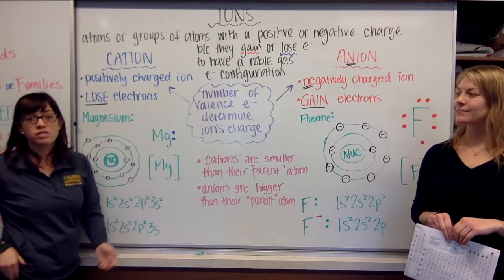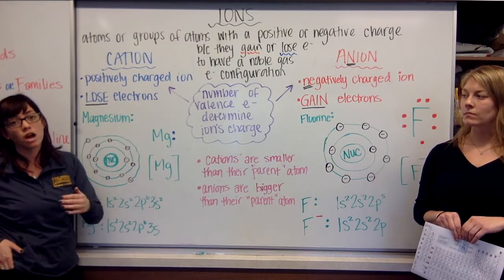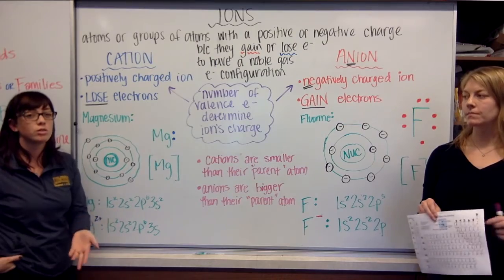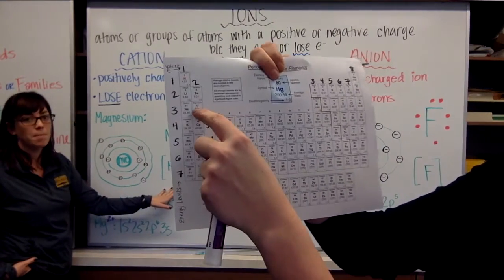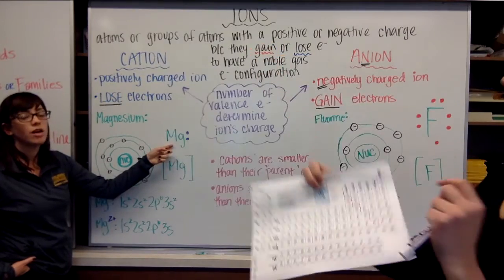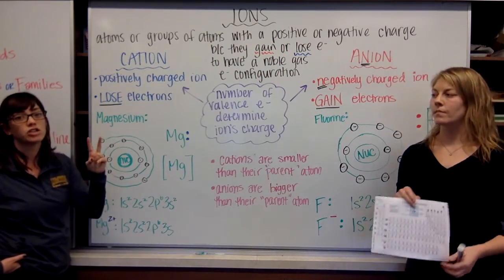Cations are positively charged because they lose electrons. So their net charge means that they have more protons than they do electrons. That's why they're positively charged. My example is magnesium. Because of its position on the periodic table, magnesium has 2 valence electrons.